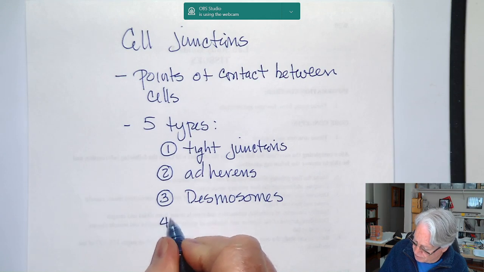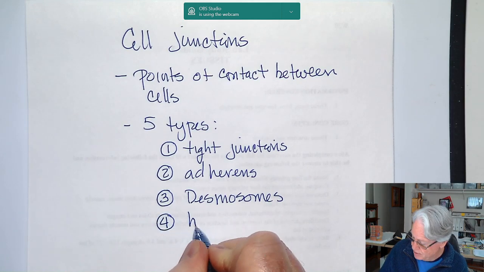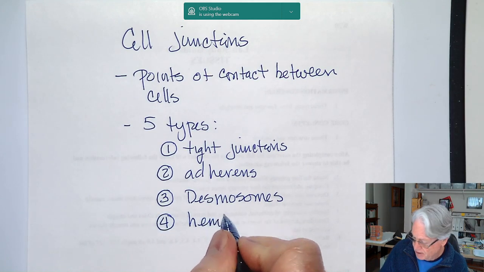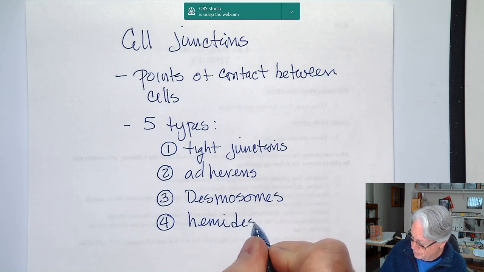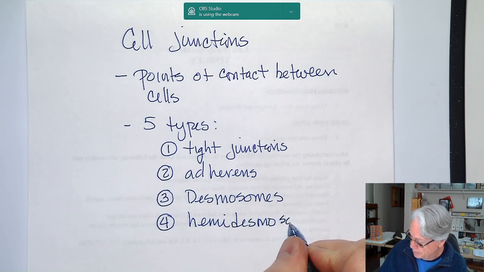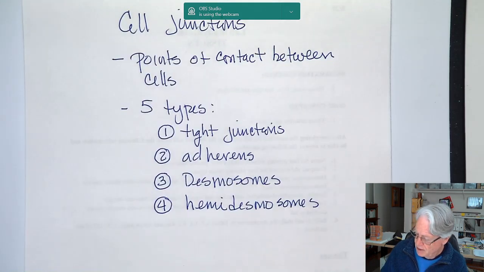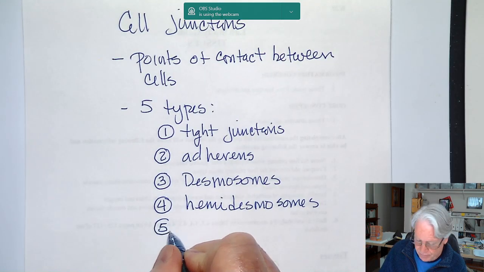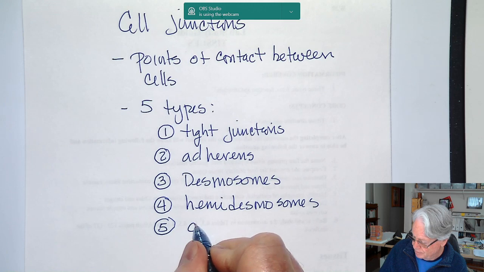Number 4, hemidesmosomes. And number 5, gap junctions.